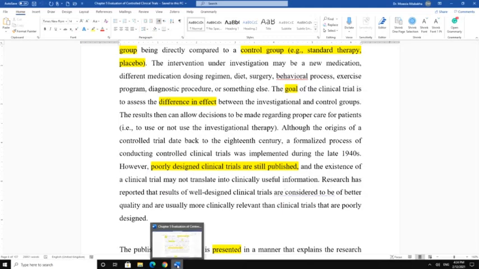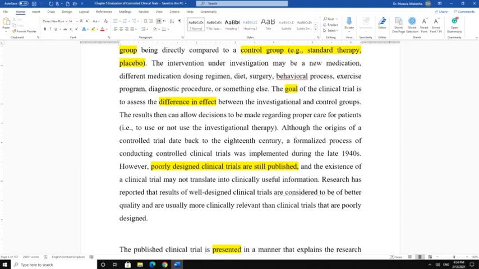Okay, usually controlled clinical trials are published in certain standards. It has been known since the 18th century, which means a long time ago. But the standard process of implementing how to conduct controlled clinical trials and how to publish it is relatively old, but it's not as old as when we started doing clinical trials.